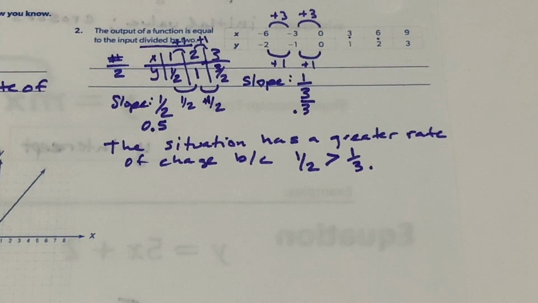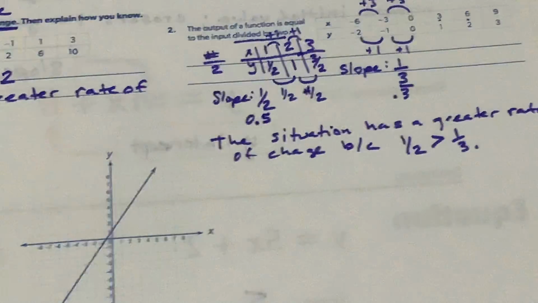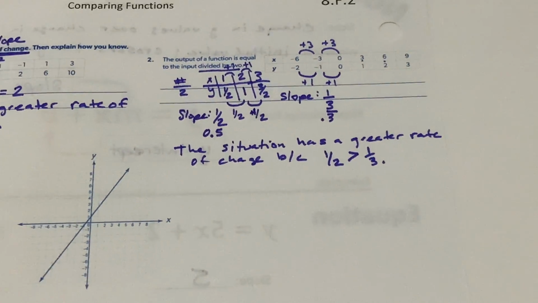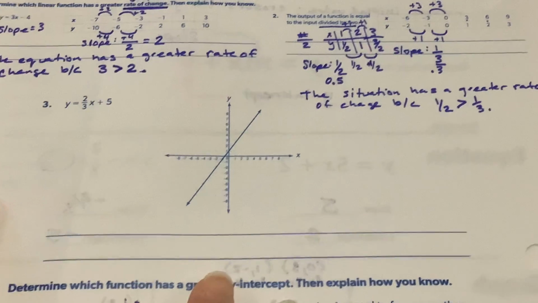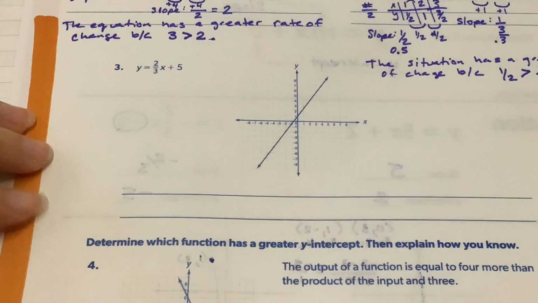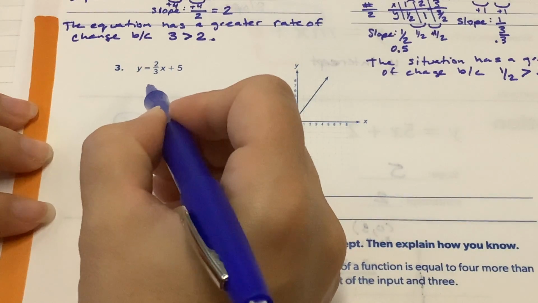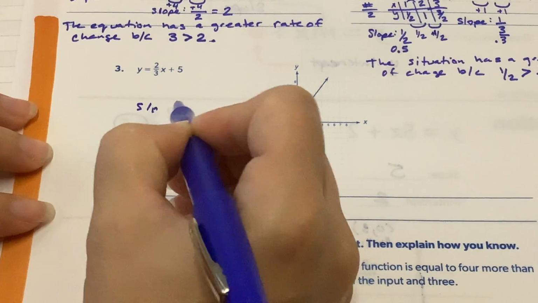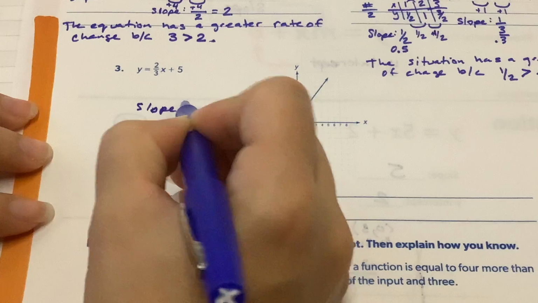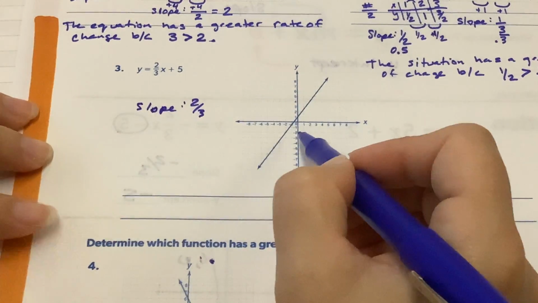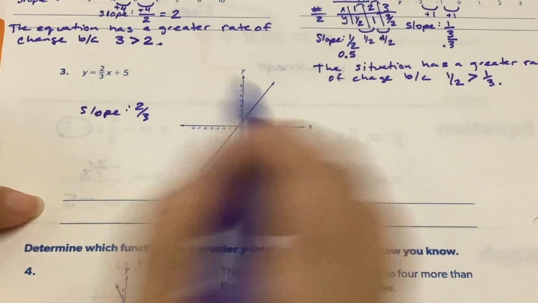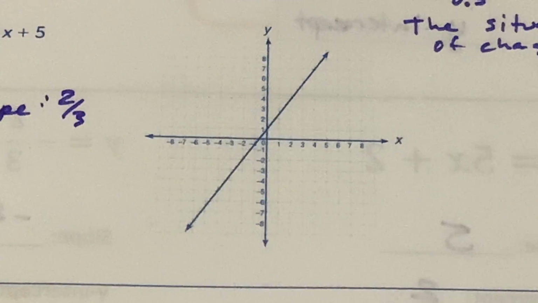Okay, let's look at number 3. Number 3 is comparing an equation to a graph. So looking at the equation, what is the rate of change here? It's 2/3. What is the rate of change on the graph? Well, we're going to have to find two whole number values, right?